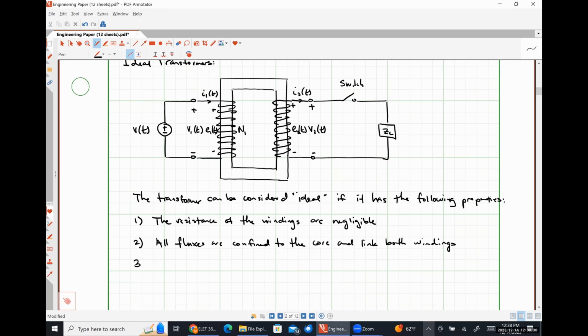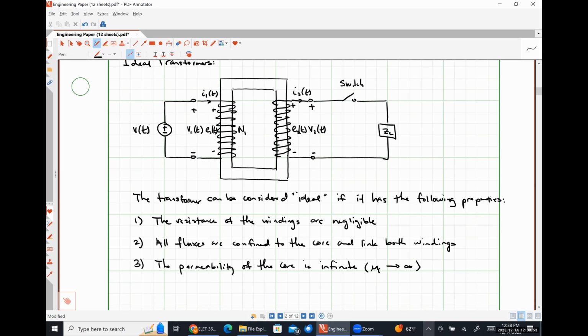And then our third assumption is that the permeability of the core is infinite, meaning mu c is approaching infinity.